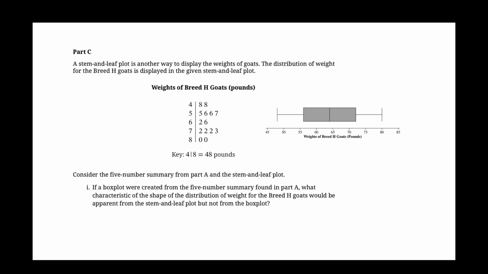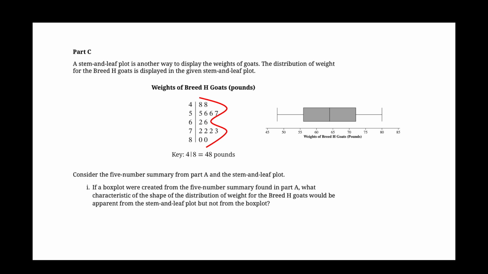And you can see that the stem leaf plot shows the exact shape of the distribution. So this distribution is bimodal, has 2 peaks. But if you look at the box plot, it does not show the exact shape of the distribution. It does not show the peaks. It does not show if there are any gaps between the data points.